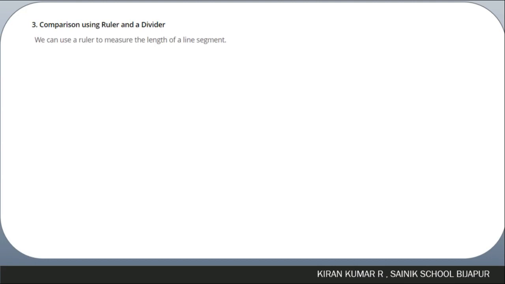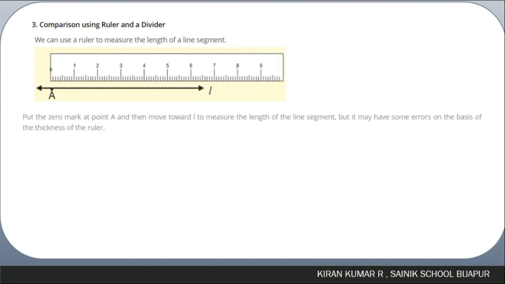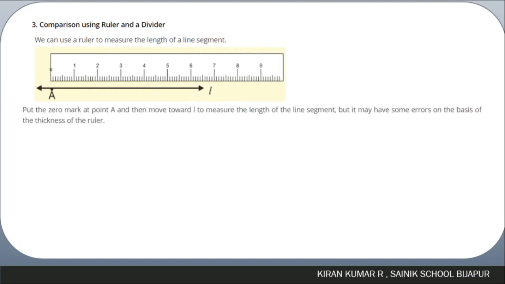We can use a ruler to measure the length of the line segment. We have done it in our lower classes. We take the ruler and follow a certain procedure. We will put the 0 mark at point A here and then move towards L to measure the length of the line segment.